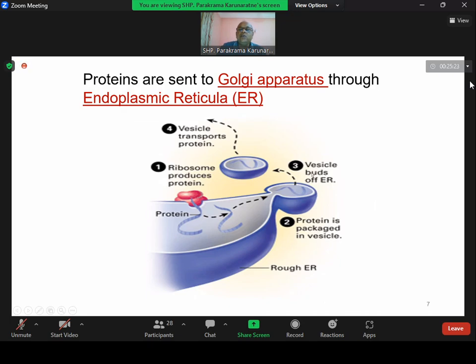These vesicles bud out from the ER. They are small bubbles inside the cytoplasm, and inside them is protein, and they are sent to the Golgi body.